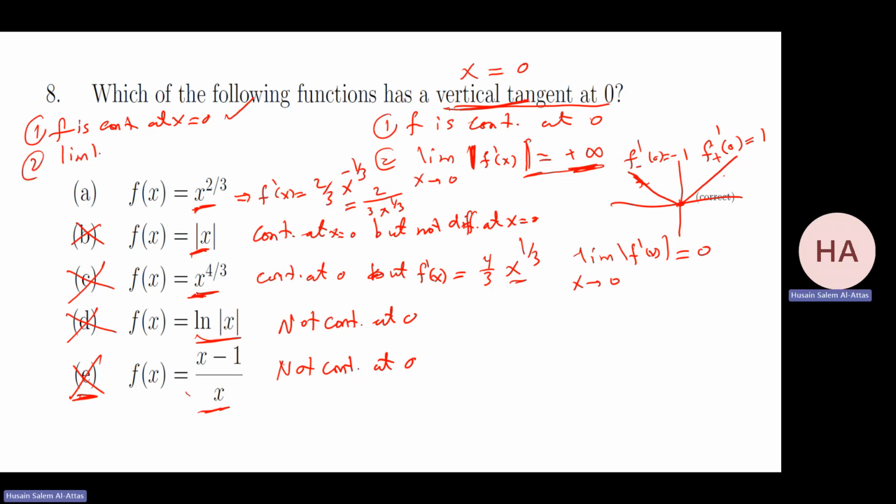The limit of f prime as x goes to 0, the limit of this function, 2 over 3, x to the power 1 over 3, as it goes to 0, which is for sure, since I put the absolute value, goes to plus infinity. So these two conditions are satisfied. So this is correct. X equals 0 is a vertical asymptote. Is a vertical tangent, I mean. Sorry about that.